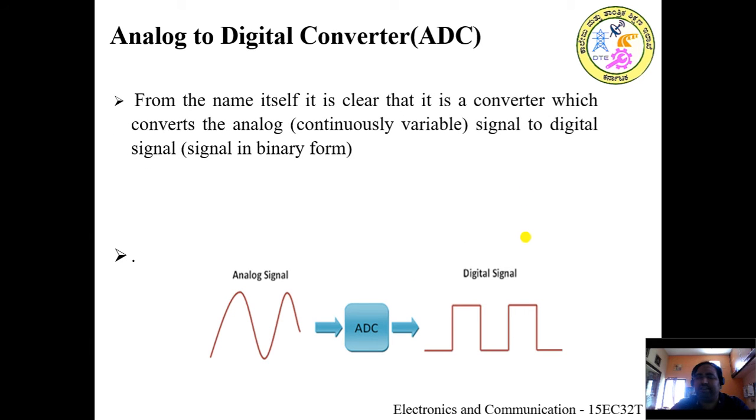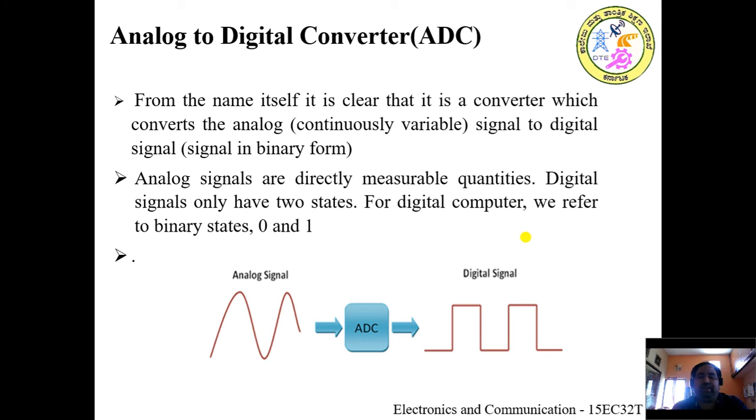What is an ADC? As the name indicates, an ADC is a kind of converter which converts a continuously variable analog signal into a digital signal represented in binary form. Analog signals are directly measurable quantities. Digital signals only have two states, which for a digital computer we refer to as logic 0 and logic 1.